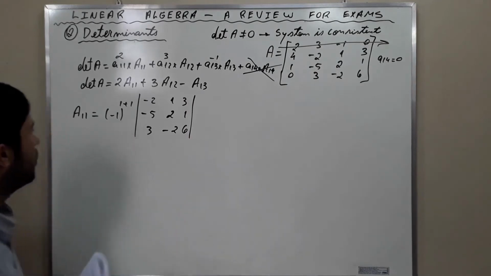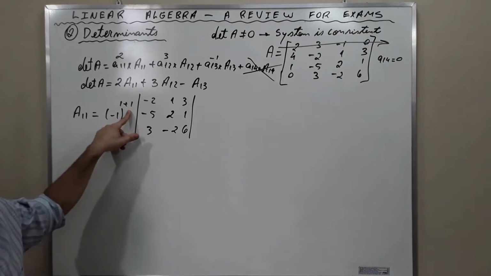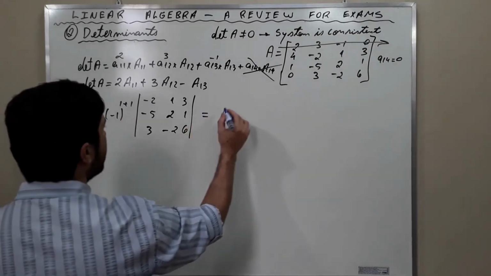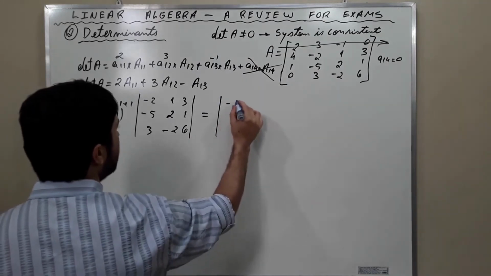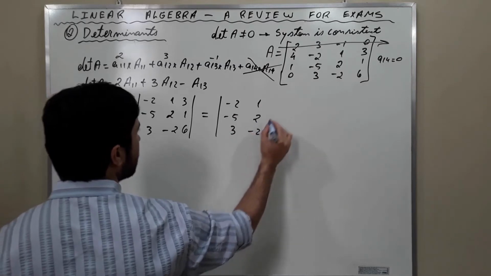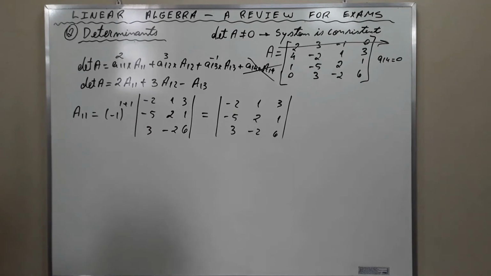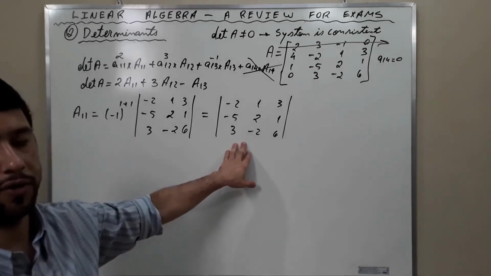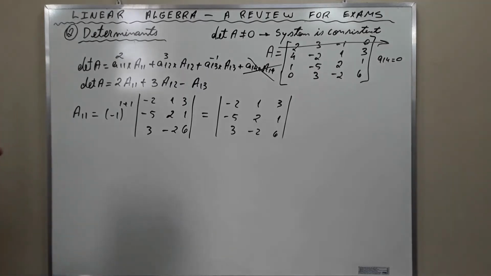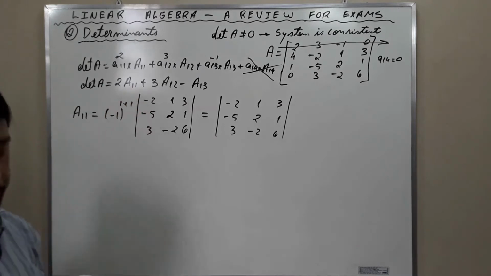Okay? So the cofactor is going to be -1 squared, which is +1. Then it is going to be simply the determinant of this matrix here. You calculate the determinant of this 3 by 3 matrix, and that is the cofactor. And you simply put it here.